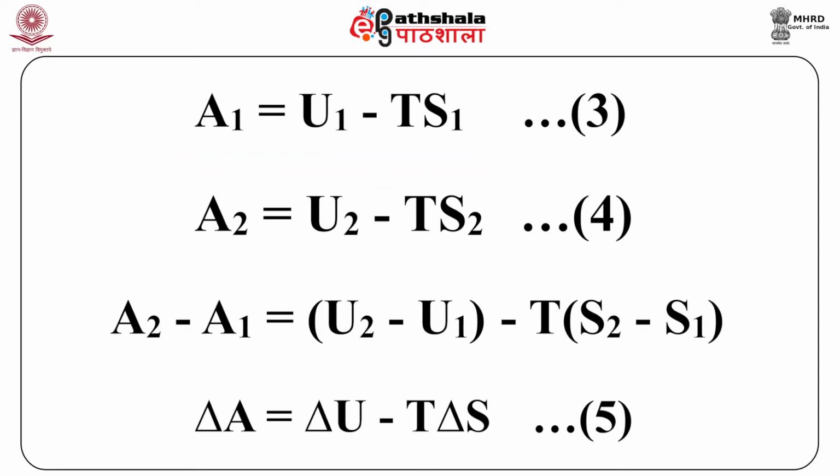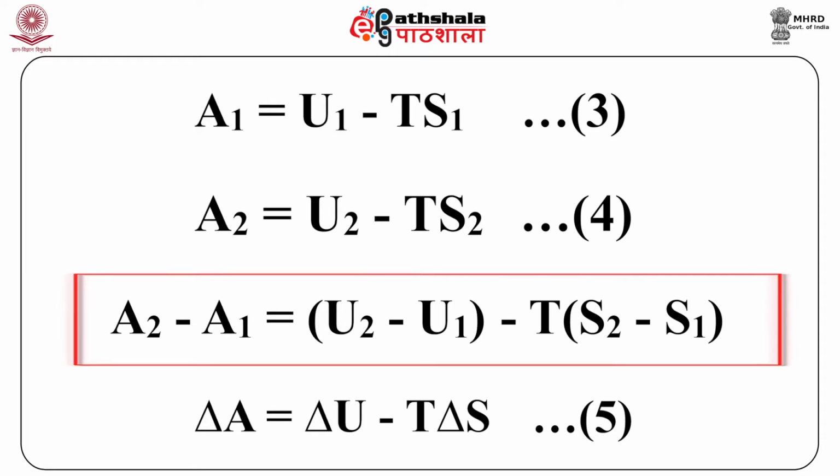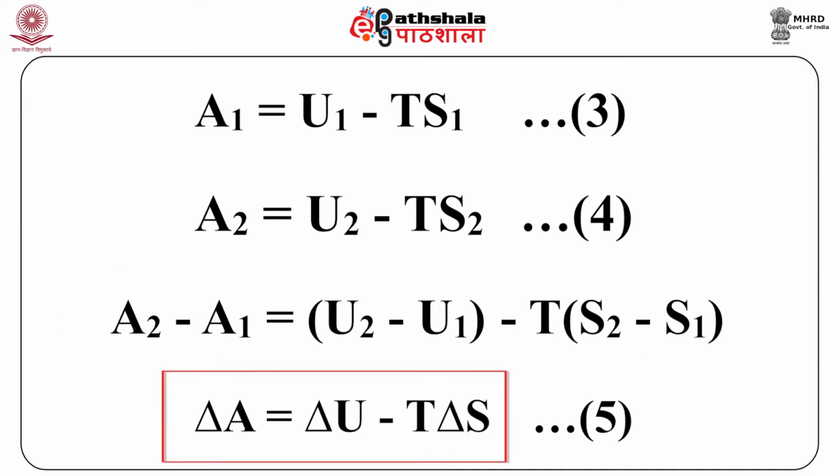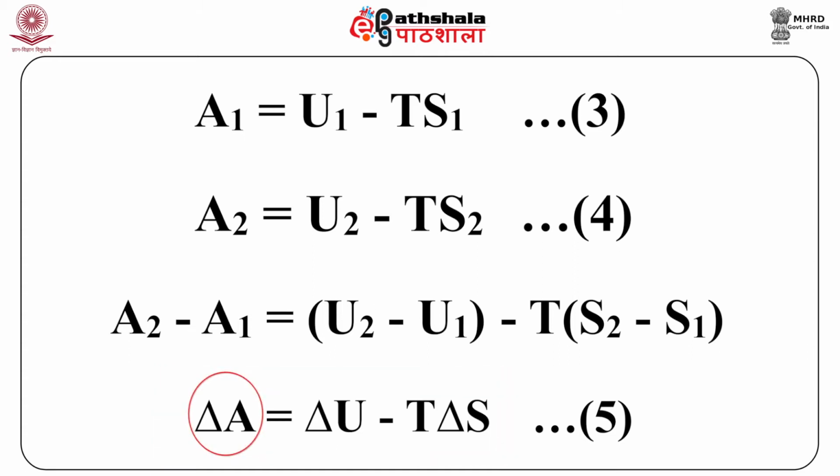Subtracting equation 3 from 4, we get A2 minus A1 is equal to U2 minus U1 minus T into S2 minus S1, or delta A equals delta U minus T delta S. This is our equation 5, where delta A stands for change in work function, delta U stands for the change in internal energy and delta S stands for the change in the entropy.